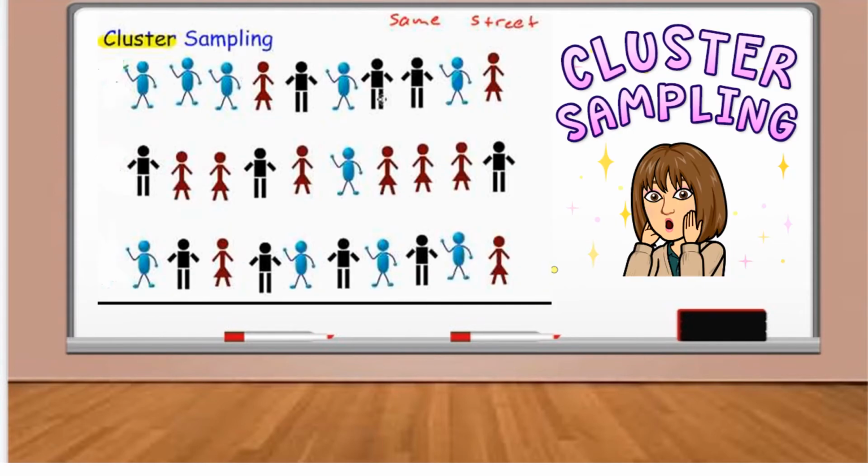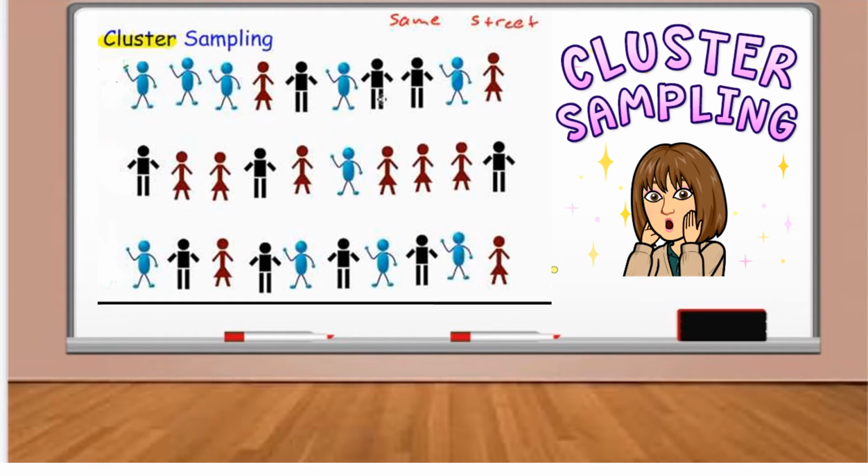Cluster probability sampling. The researcher divides a population into smaller groups known as clusters. They then randomly select among these clusters to form a sample.